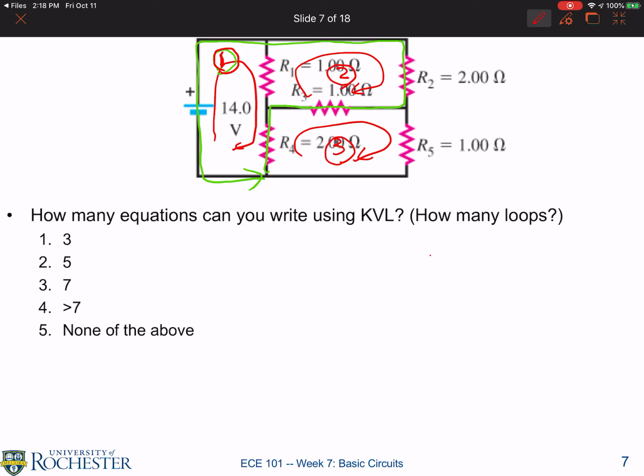But what about 1 plus 2? Okay, so I have one loop over here and another loop over here. So in fact, the green loop is exactly 1 plus 2. It took two smaller loops and combined them into a larger loop.